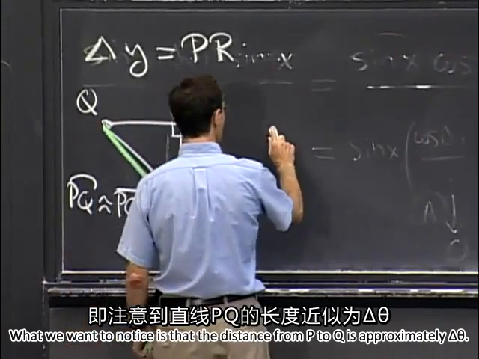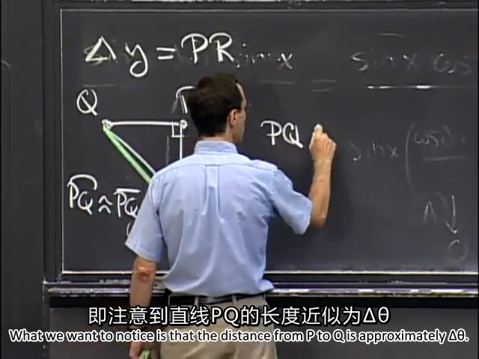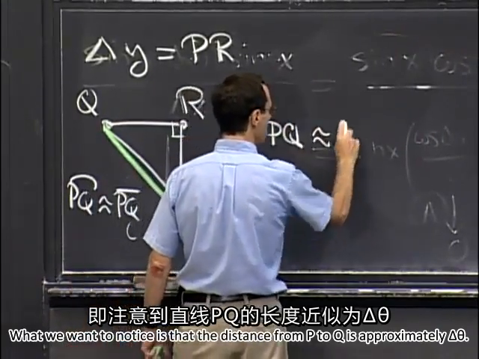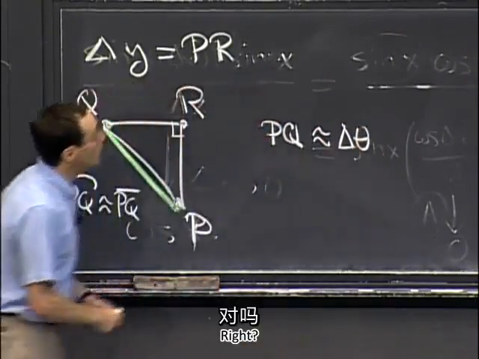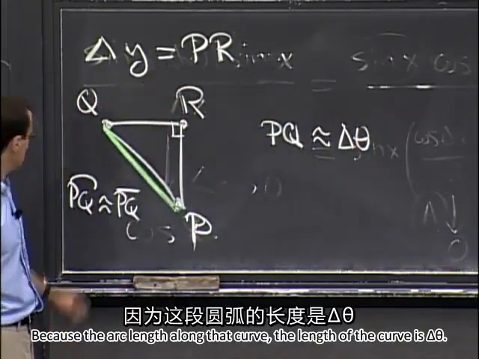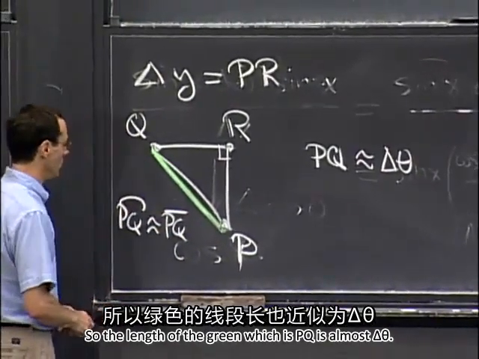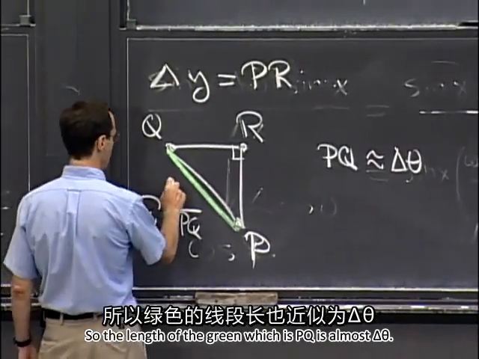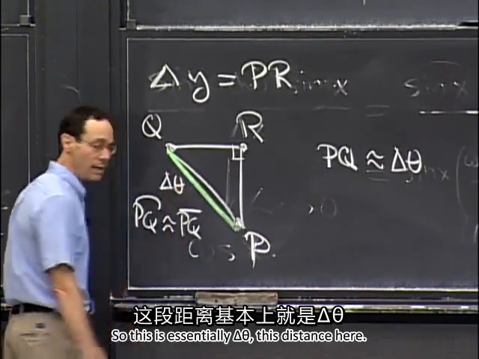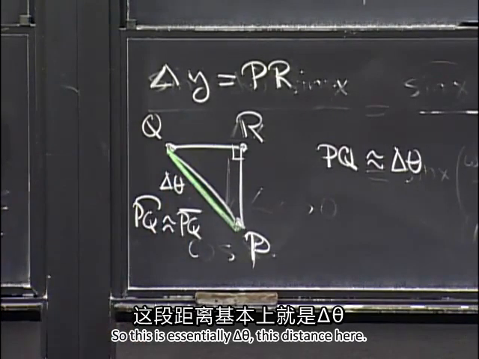What we want to notice is that the distance from P to Q is approximately delta theta. Because the length of the arc is delta theta, so the length of the green, which is PQ, is almost delta theta.